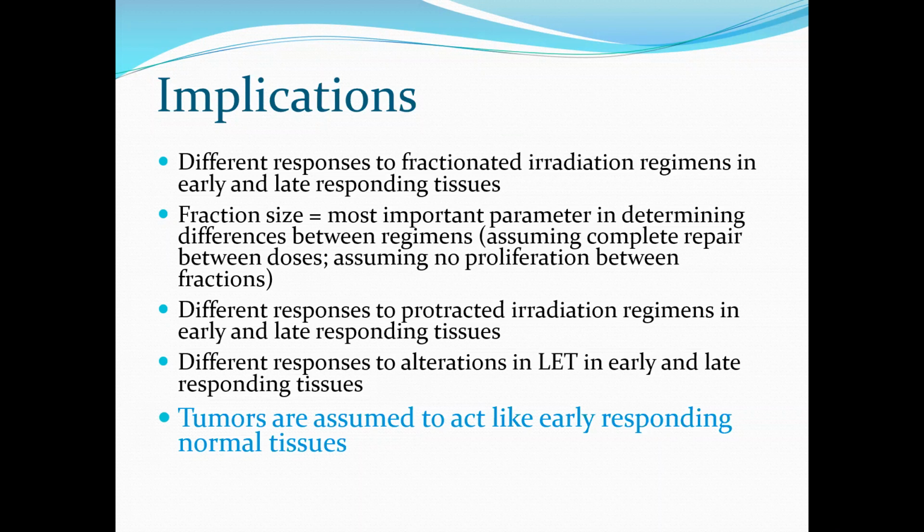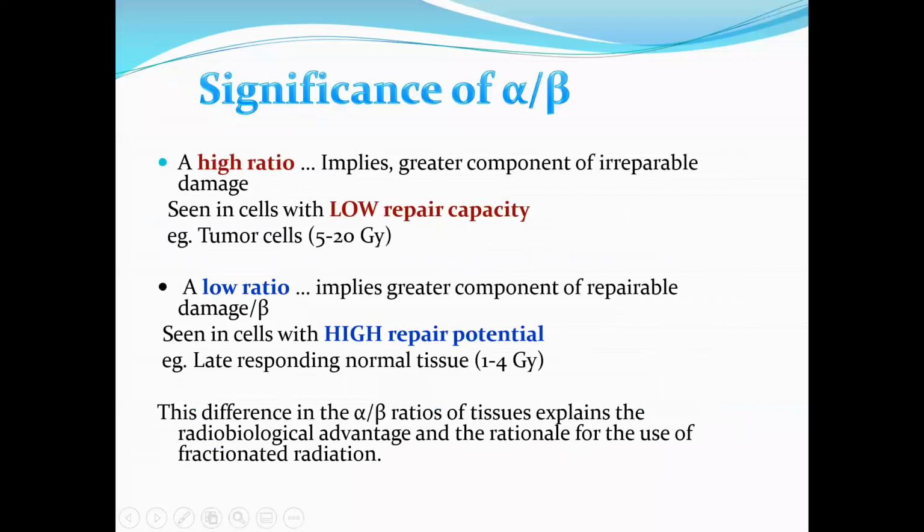Tumors are assumed to act like early responding normal tissues. Significance: a high ratio implies a greater component of irreparable damage, for example tumor cells. A low ratio implies a greater component of repairable damage, seen in cells with high repair potential. Thus, the difference in the alpha by beta ratio of tissues explains the radiobiological advantage and the rationale for the use of fractionated radiation.